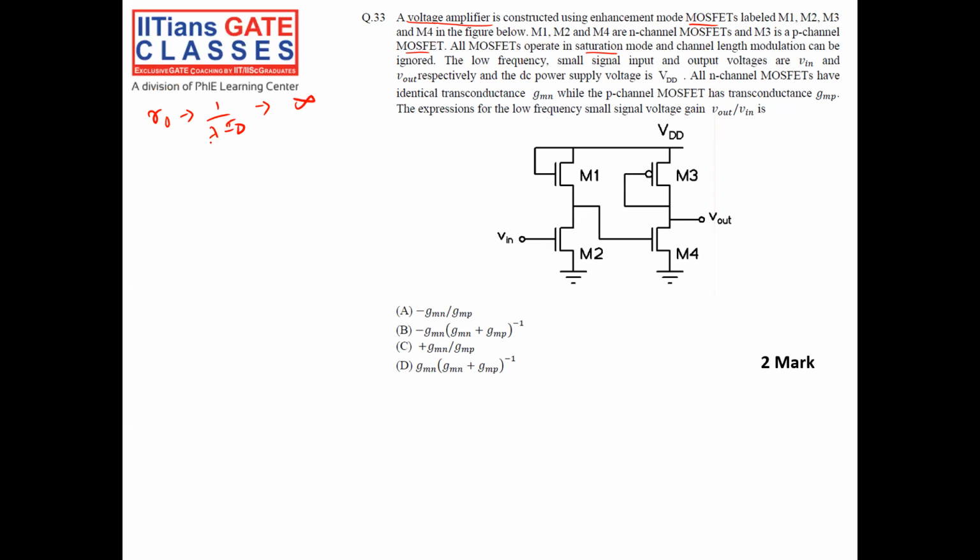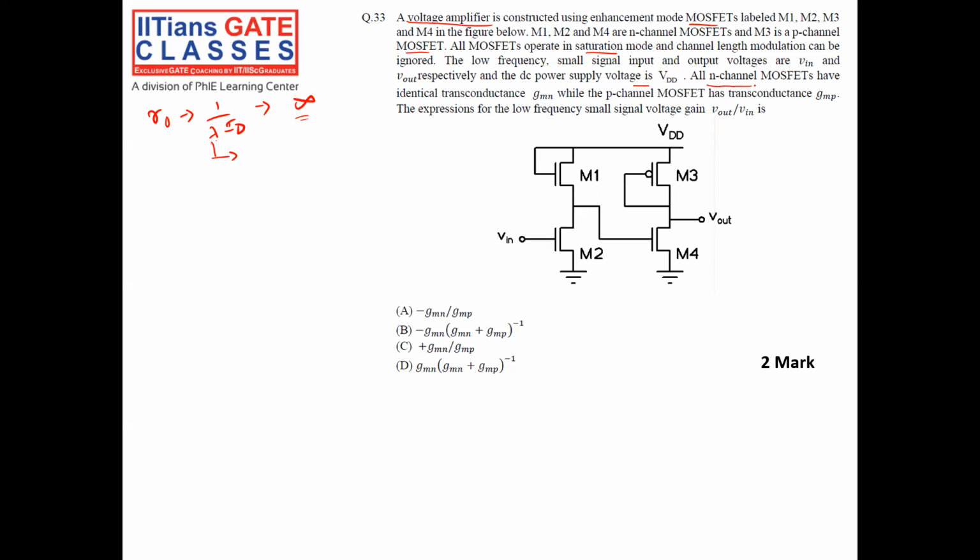Lambda is nothing but the channel length modulation coefficient. If it is ignored, it will be 0. That means my output resistance in the drain will be infinity. This is the meaning of ignoring channel length modulation. The low frequency small signal input and output voltages are Vin and Vout respectively. The DC supply is VDD.